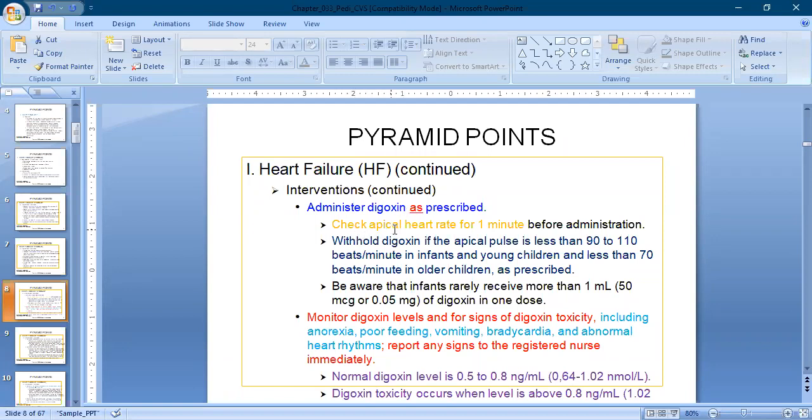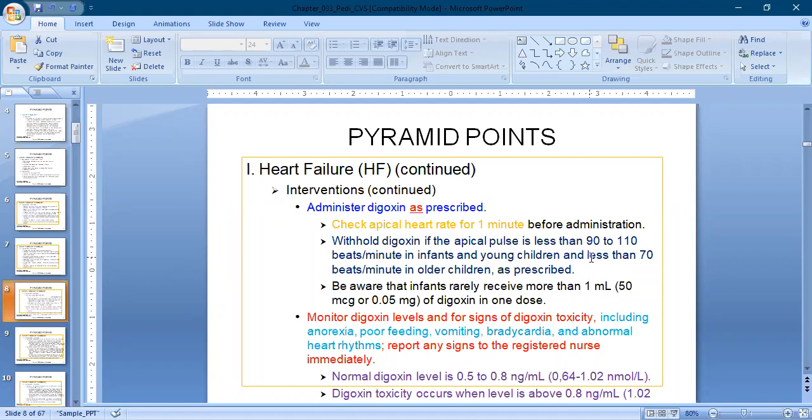So check the apical pulse rate for 1 minute before giving digoxin. If we find the apical pulse rate less than 90 to 110 beats per minute in infants or young children, we have to hold.